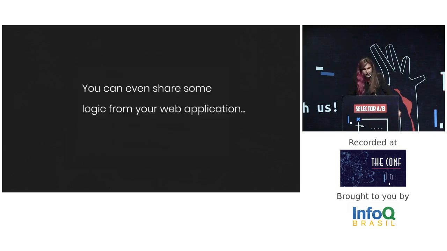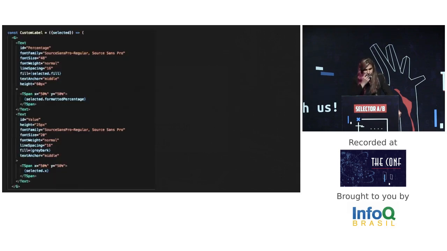Another one is, you might be able to share some logic of your web application, even more if you use React. Let me give you an example. In this example, I show you our mobile app custom label component, which is responsible for handling some things on our charts. And this is our app custom label.